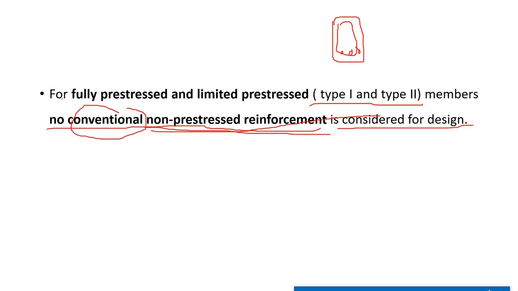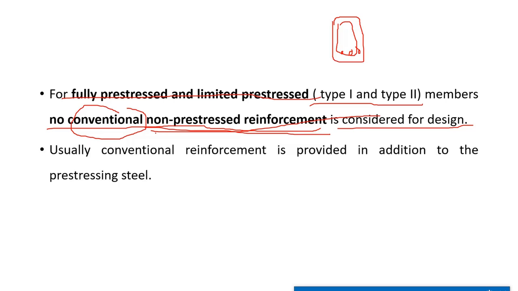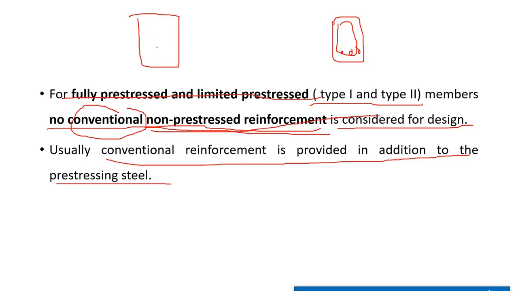For fully prestressed and limited prestressed structures, for type 1 and type 2 members, the conventional reinforcements, even if present, are not considered for the design. Okay. Usually some amount of conventional reinforcement is provided in addition to the prestressing steel. So in a prestressed concrete member, as we discussed in the previous sections, only the prestressing steel is considered in the design.